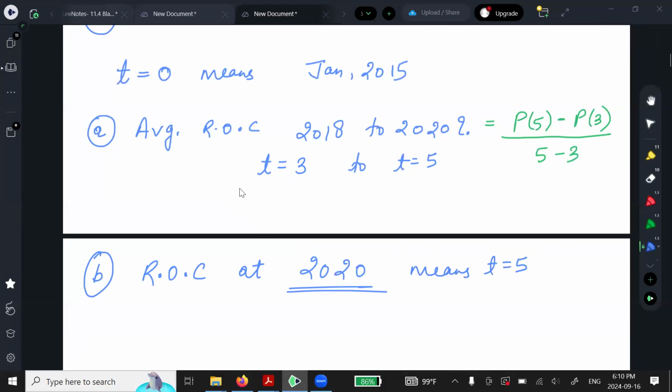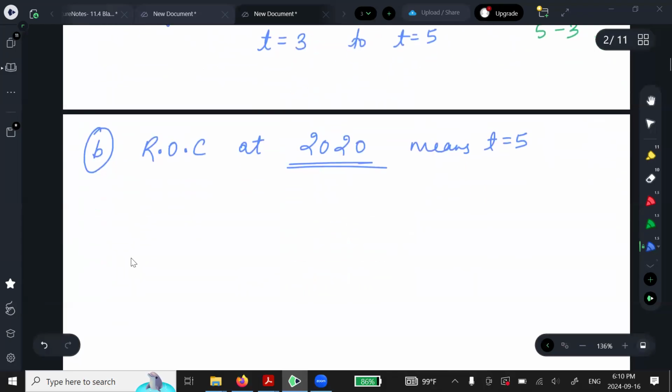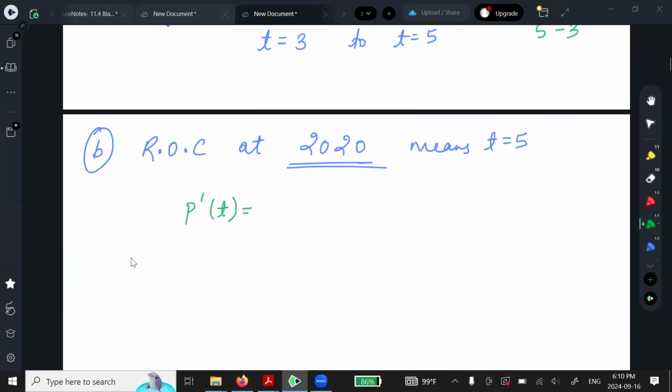When they only give you 1 year, not an interval, you're supposed to find the derivative. Differentiate, P prime. What do you get? Everybody's champion with the power rule. Take the power out, the constant remains there. Subtract 1 from the power, that would just be negative 15. And because they're asking for 2020, the specific value, the time value is 5 because we are beginning from 2015.